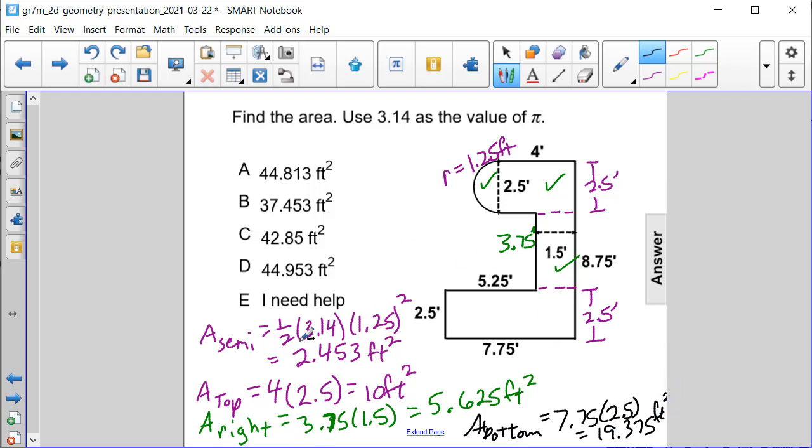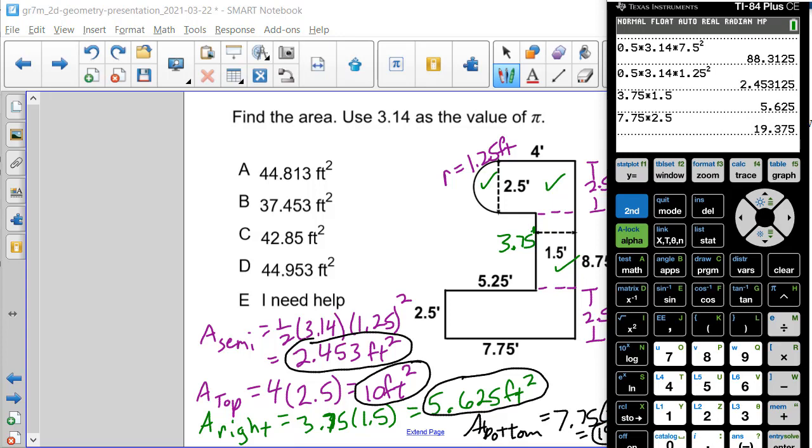And now if we add up all of these values, we will get the total area. So let's do that.